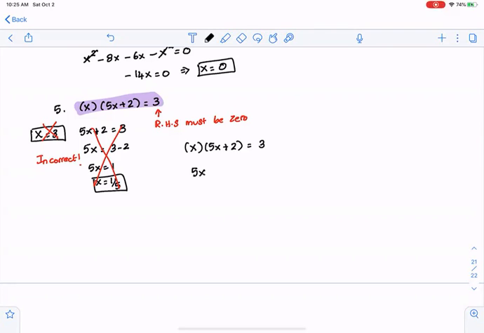Distribute the x: 5x squared plus 2x would be equal to 3. 5x squared plus 2x minus 3 would equal 0. So we have a trinomial now, and the right-hand side is 0, and we want to factor it. 5x squared plus 2x minus 3 equals 0.